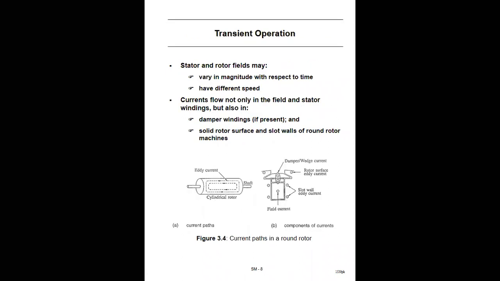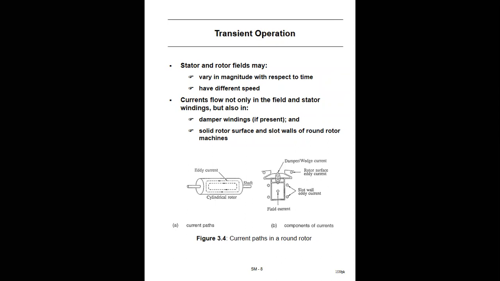If we talk about the transient operation of synchronous generator, the stator and rotor fields may vary in magnitude with respect to time and have different speed. The current flows not only in the field and stator, but also through the damper winding if present, and through the solid rotor surface and slot walls of round rotor machines.